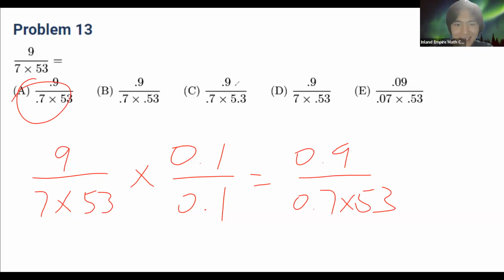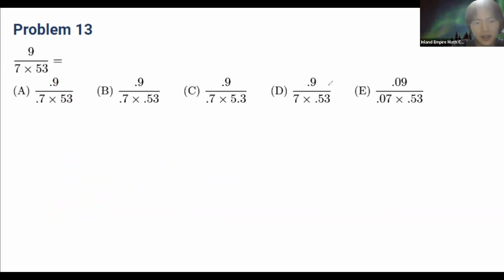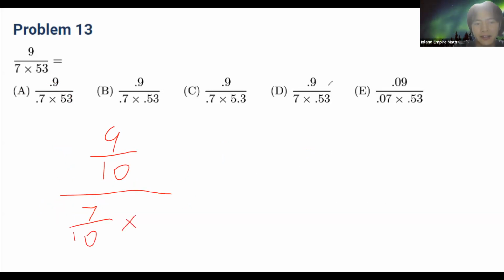Any questions on this one? Okay, I'm seeing a lot of C's. The reason it's not C is you can simply evaluate it. Looking at the top, 0.9 is 9 divided by 10, and 0.7 is 7 divided by 10. That wouldn't be a problem, except that 5.3 is 53 over 10.